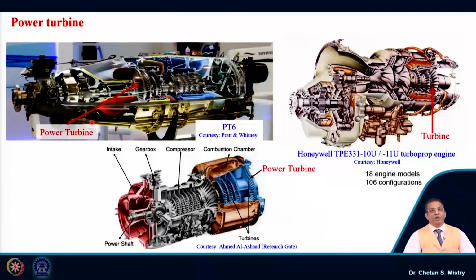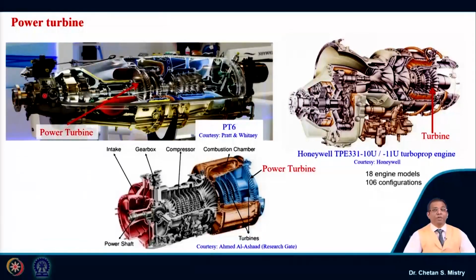Realize one thing: the turbines we are using for the rotation of my compressor are sufficient to generate the power for the rotation of the compressor. Now, more work we extract by using this power turbine, and this power turbine is connected with the gearbox and the propeller, and that is used to rotate the propeller wheel.